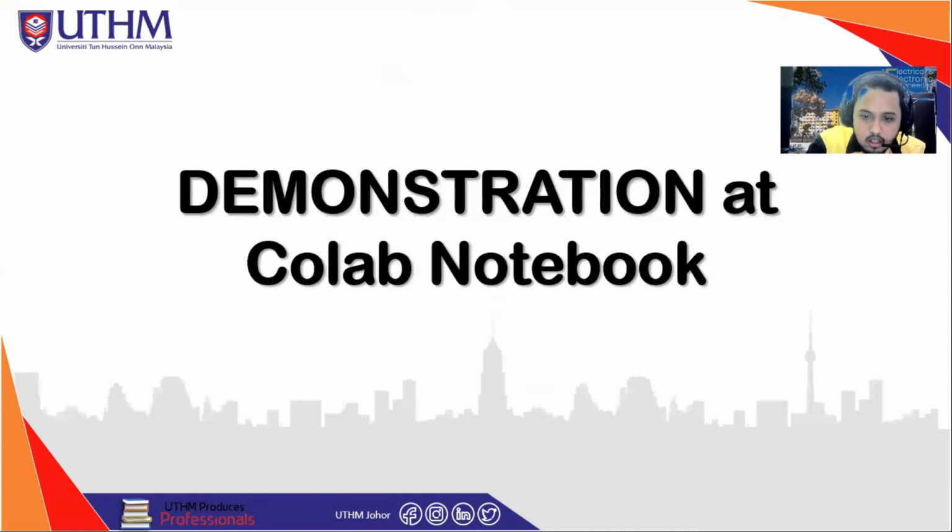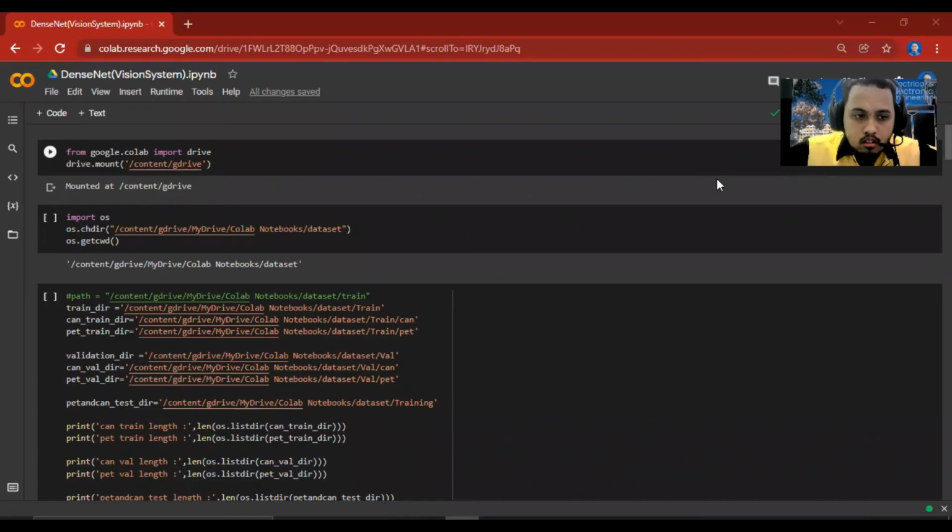So I will show the Colab notebook. Okay, so I will continue. So this is our DenseNet model. For the first step, we need to go to Google Colab and find the data, and we just simply run.